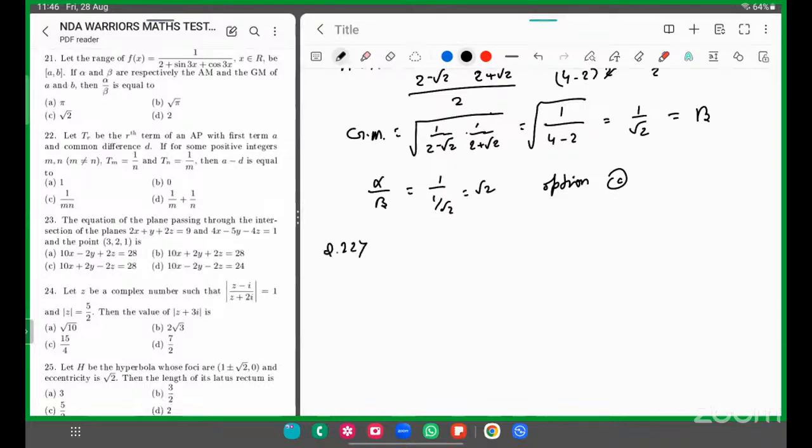Let T r be the r-th term of an AP with first term A and common difference D. If for some positive integers m and n, T m is 1 by n and T n is 1 by m, then A minus D will be? They have given T m equal to A plus m minus 1 into D equal to 1 by n.